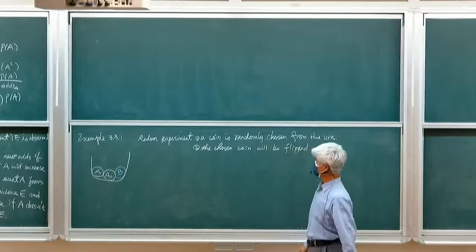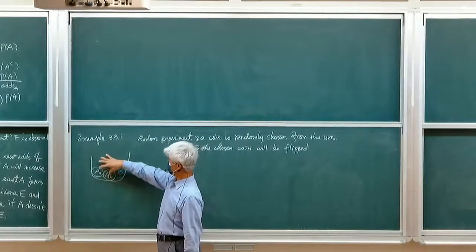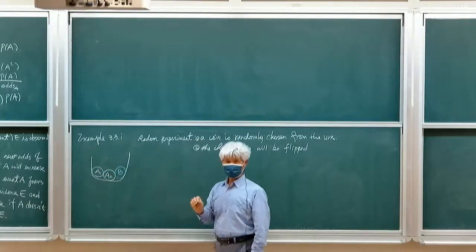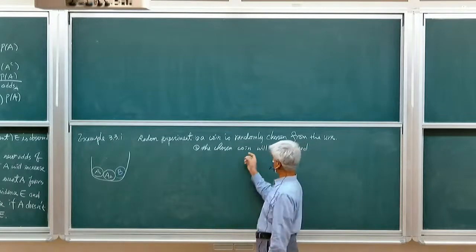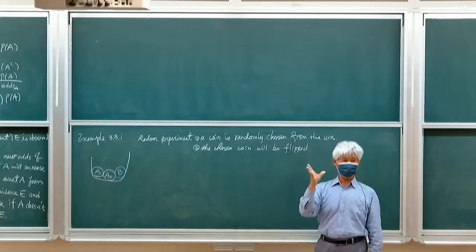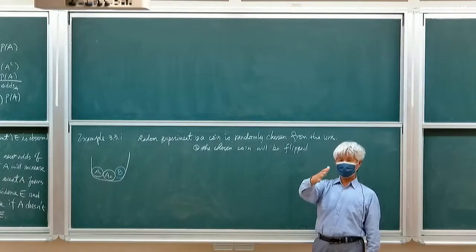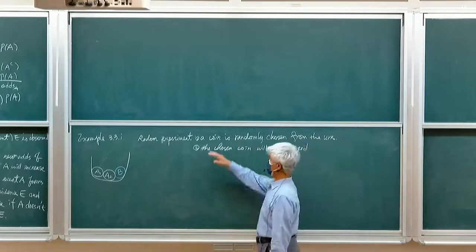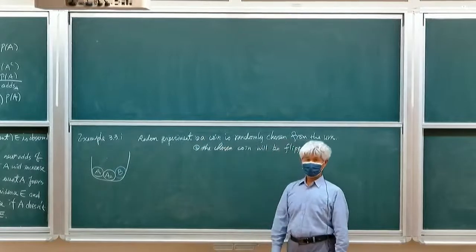So first of all, there are 2 actions. The first one is to choose a coin from the urn randomly. The second is that we will flip the chosen coin. The coin has 2 faces, head and tail. So our random experiment consists of 2 parts.